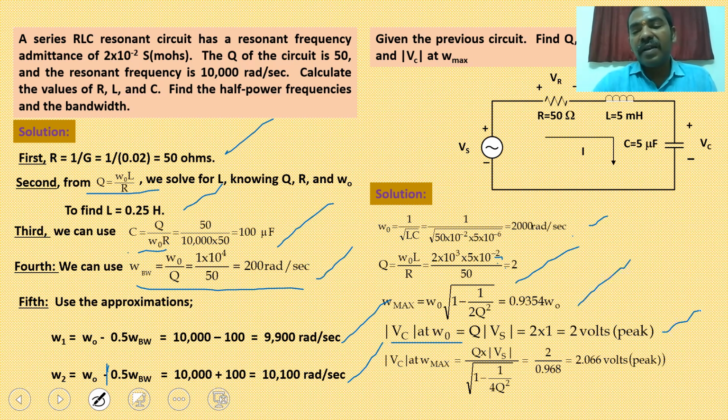Then you get 2.066 volts peak. Like this you have to calculate the frequencies, quality factor and voltage drop across the capacitor at different frequency levels.